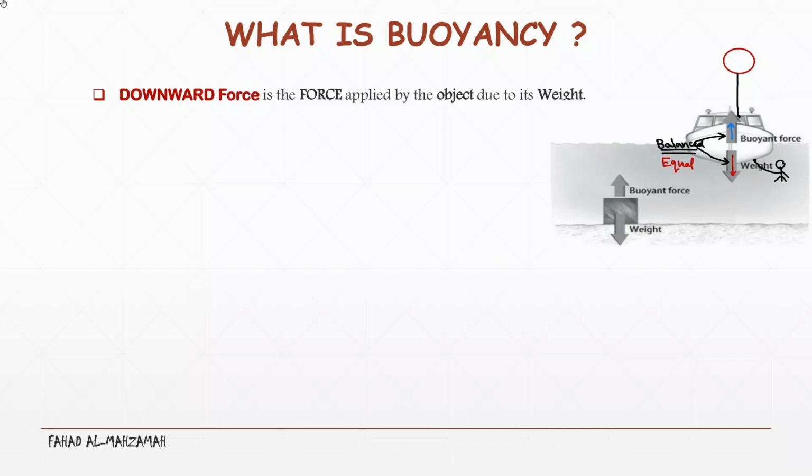Suppose that the ship has a weight outside the liquid of 5,000 kilogram, 5 tons. Suppose that it's inside the liquid now, floating. How much weight would you feel? Of course, you will feel 0 kilogram.